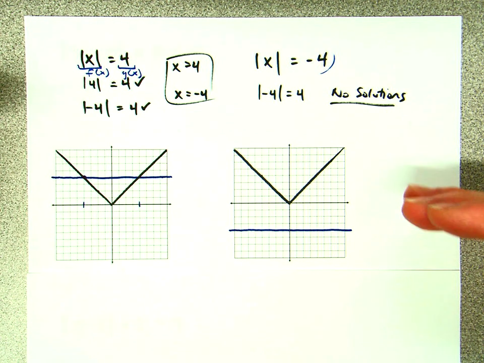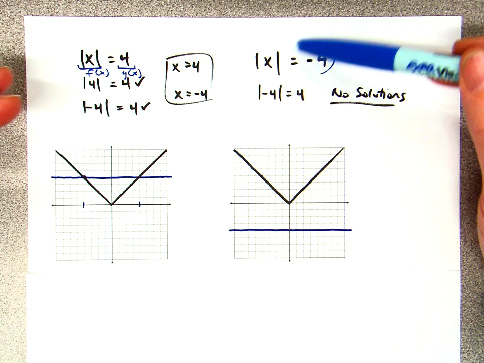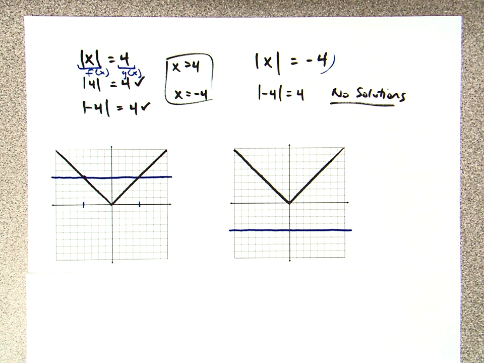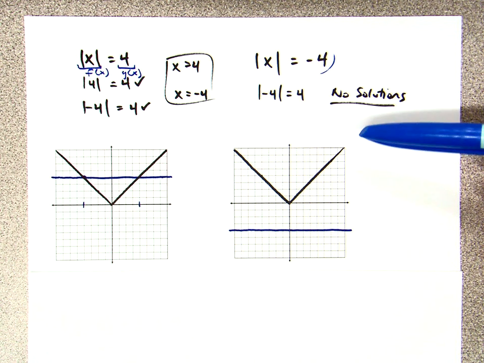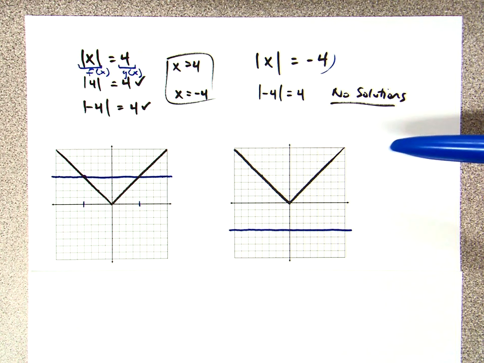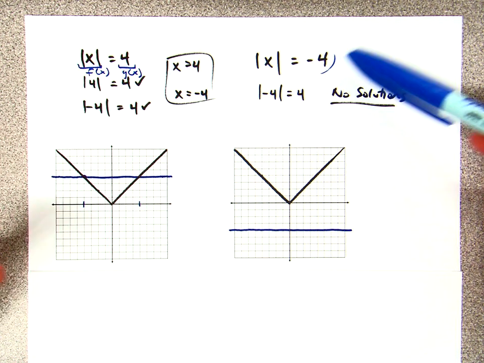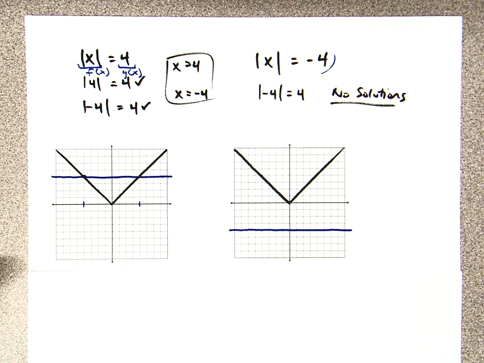There's really no need to check our answers as long as we connect these logical outputs from the absolute value in our mind. If you're not sure if you did it right, of course you can take these answers and plug them in and see if they work. But that's not completely necessary if we can sort out what's supposed to happen and what can't happen. I know that sounds like a lot of talk, but let's give one a try.